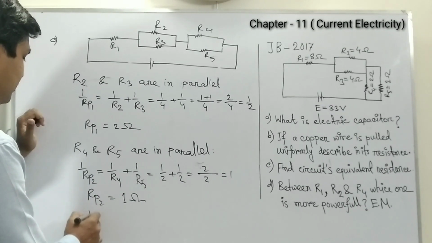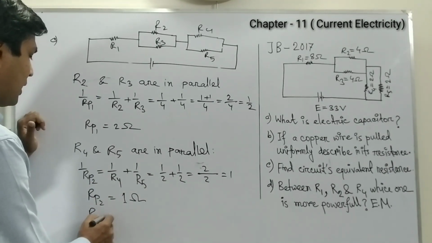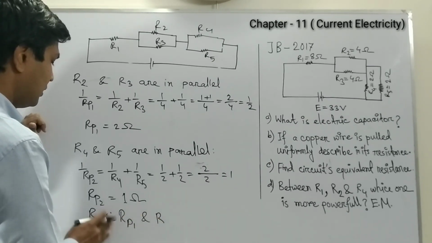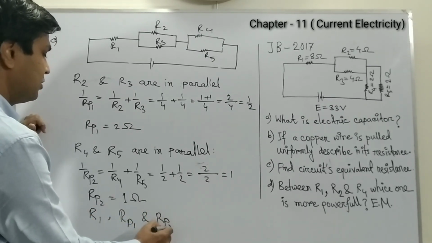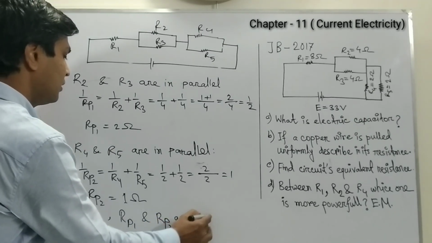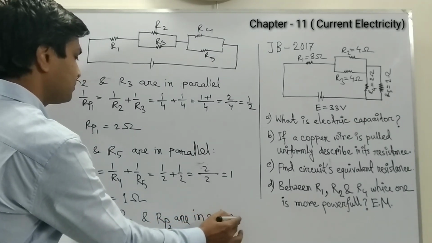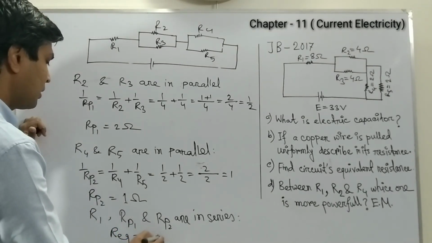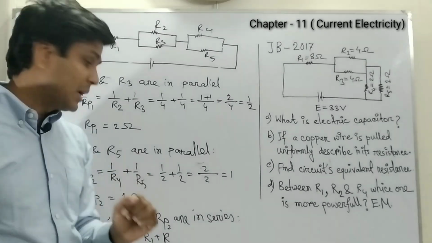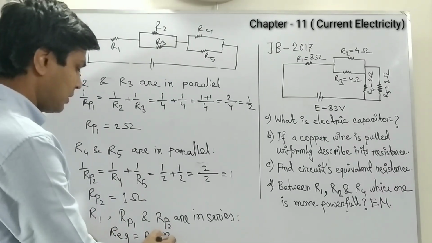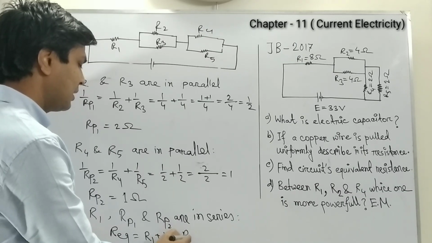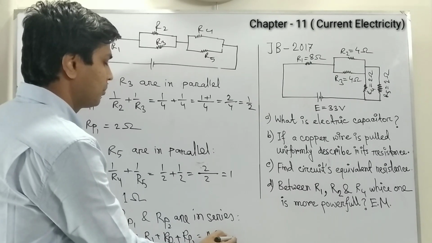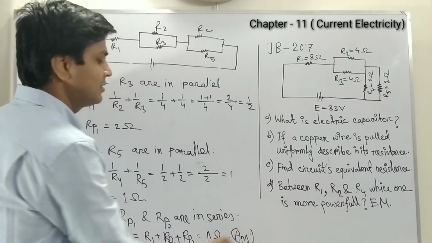So the equivalent resistance will be R equivalent equal to R1 plus Rp1 plus Rp2, whose value will be 11 ohm. That is the answer of question number C.